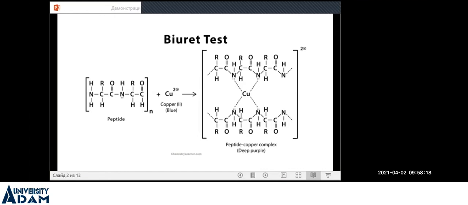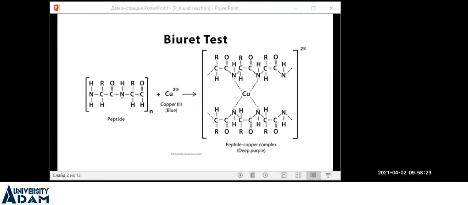This formula shows us that the Biuret reaction will pass with the peptides, in the proteins, and with copper ions, because divalent copper ions will actively make linkages between nitrogen and copper.